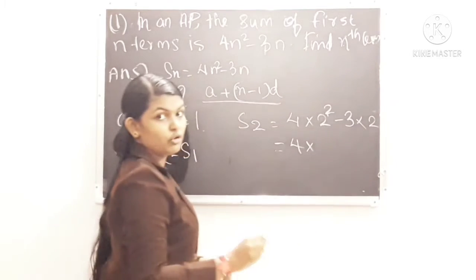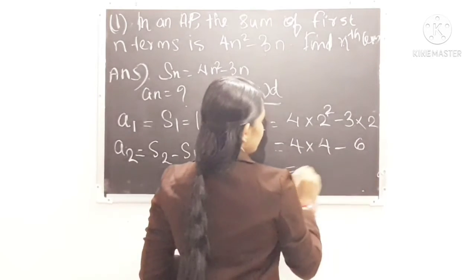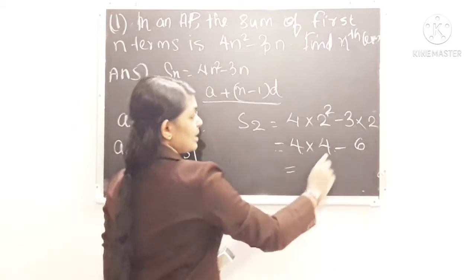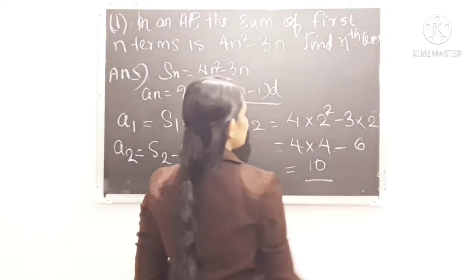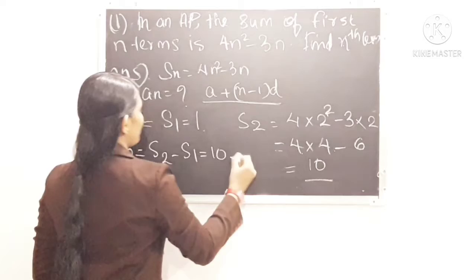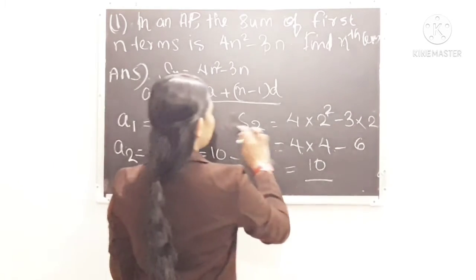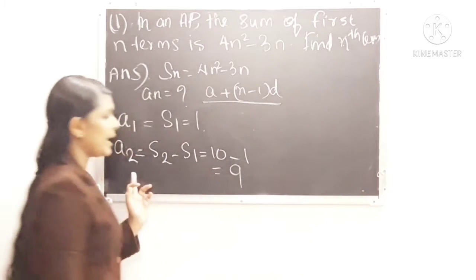What is 2 square? 2 square is 4, so 4 into 4 is 16, and 3 into 2 is 6. So 16 minus 6 is equal to 10. So S2 will be equal to 10. So 10 minus S1, which is 1, is equal to 9. So we obtain a2, or the second term, as 9.